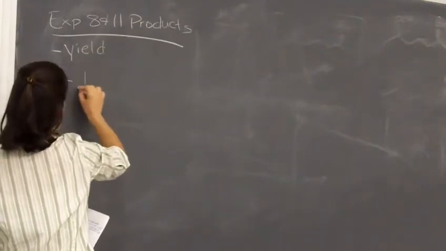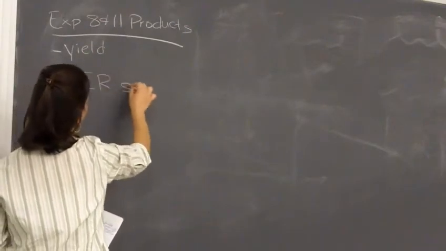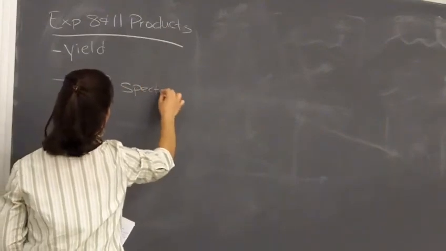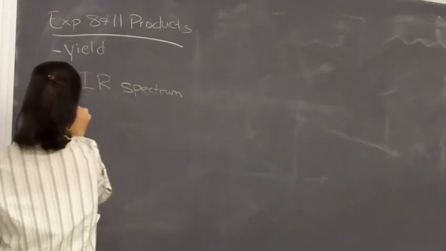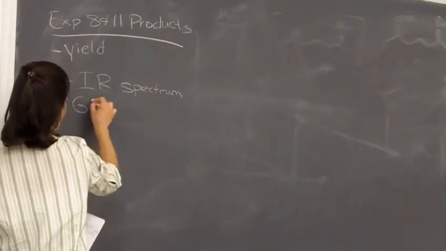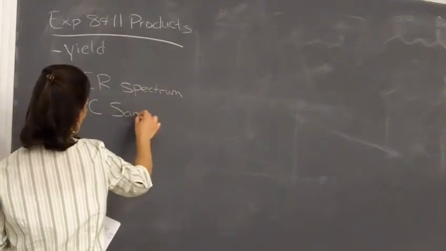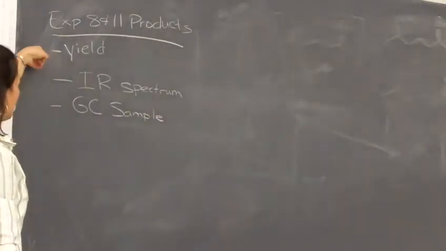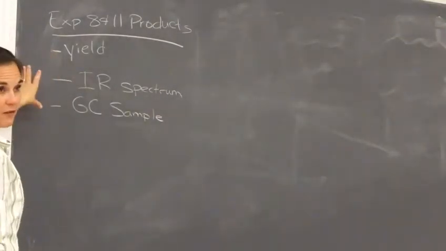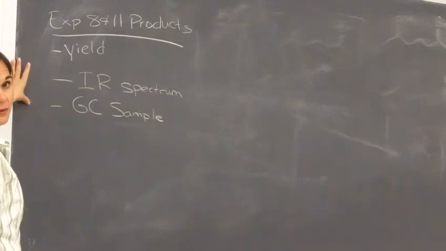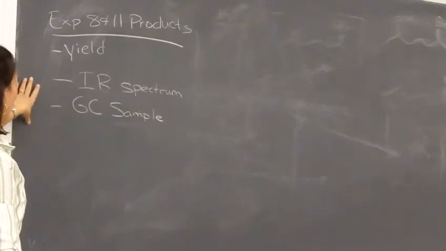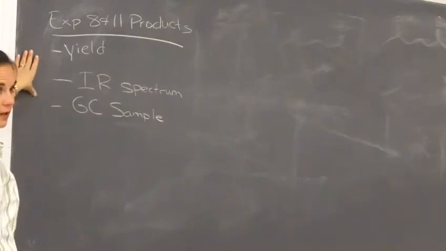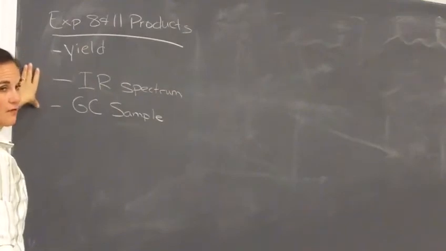You want to collect the IR spectrum. And then you're going to make a GC sample. And I'm going to talk to you here in a little bit about how to do that, okay? So both 8 and 11, you need each of these 3 pieces of information gathered, okay? One for your alcohol product, one for your alkene product. So make sure you get all this before you leave lab this week, okay?